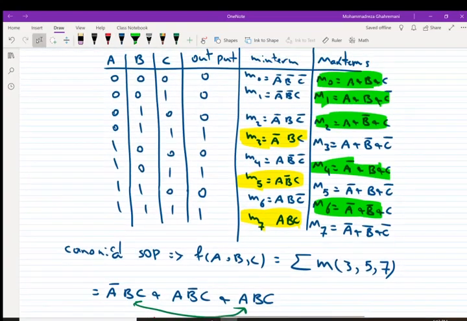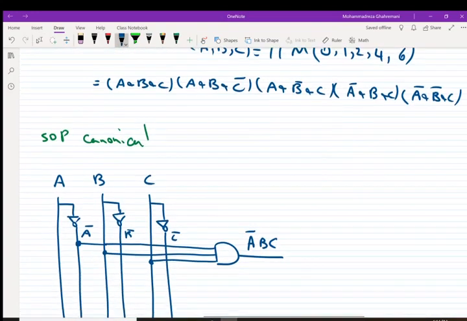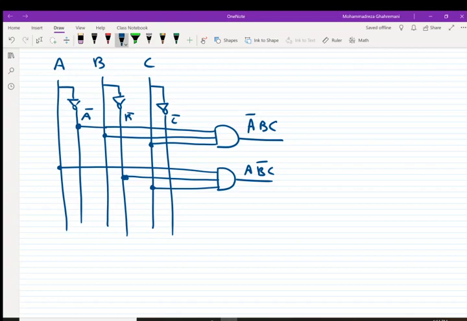The next one I need to design is AB bar C. So let's add another AND gate for AB bar C. So we get A, B bar, and C. This one is the second one.